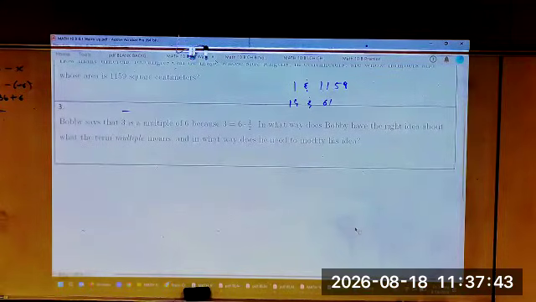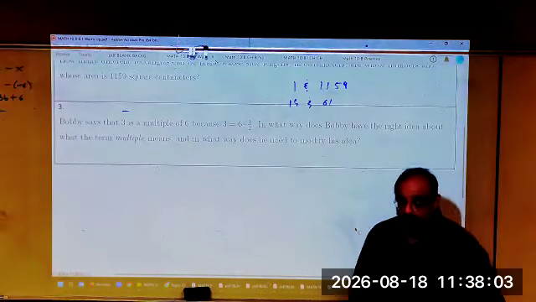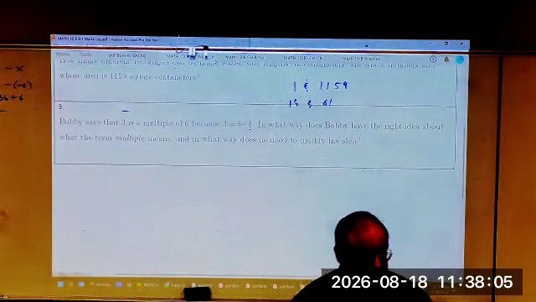Bobby says that 3 is a multiple of 6 because 3 is equal to 6 times 1/2. In what way does Bobby have the right idea about what the term multiple means, but in what way does he need to modify his idea?